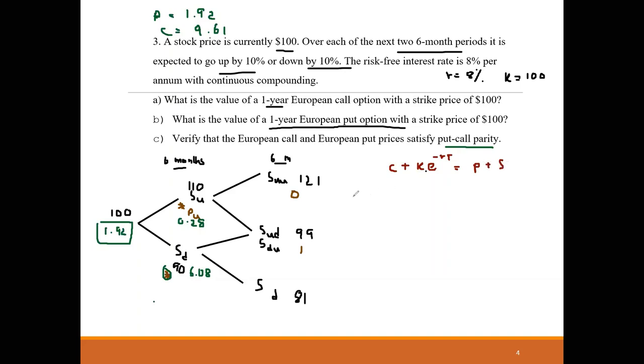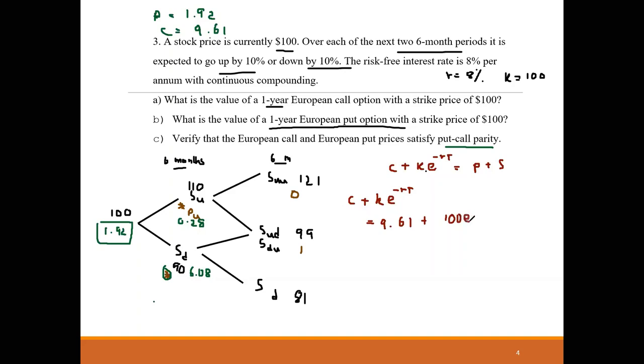So take first C plus the present value of the strike price. C is how much? The call price that we calculated was 9.61. So we had 9.61 as C, plus the present value of the strike price. Strike price is 100.